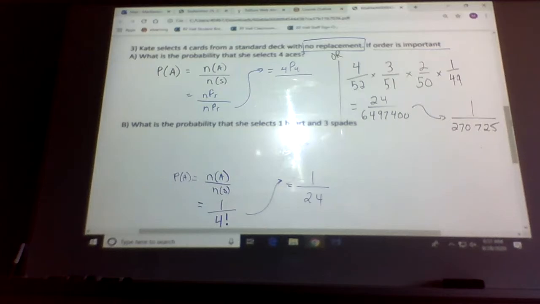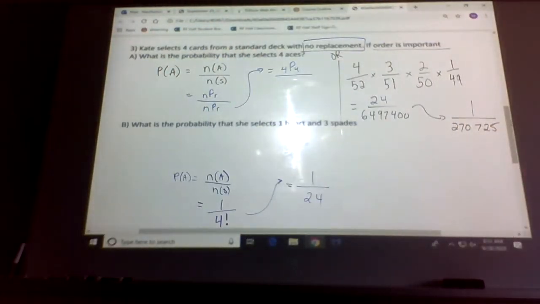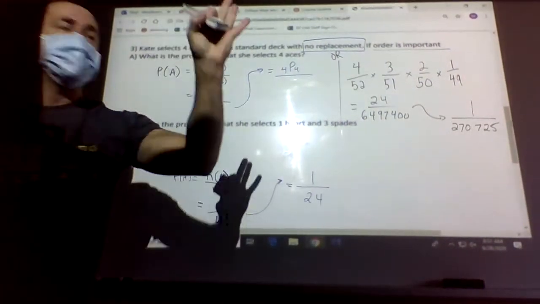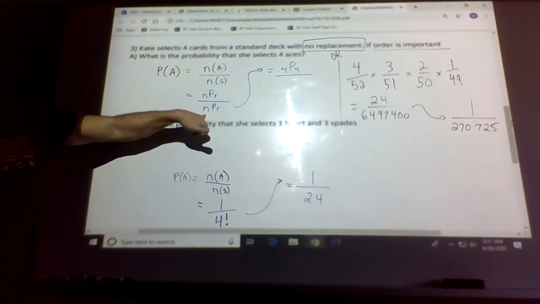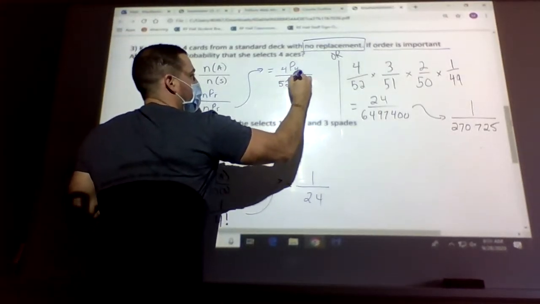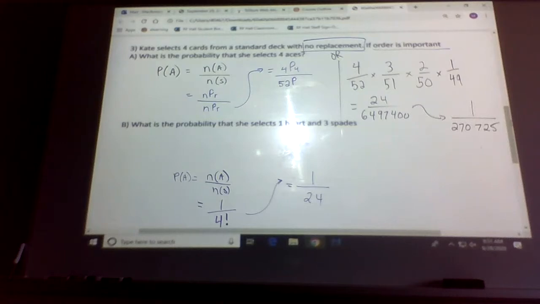Now the denominator is everything together. The numerator is what we're just looking at, which is aces. Now we're looking at the whole deck of cards. So what's my total in the deck? 52. And how many cards are we picking in total? 4.